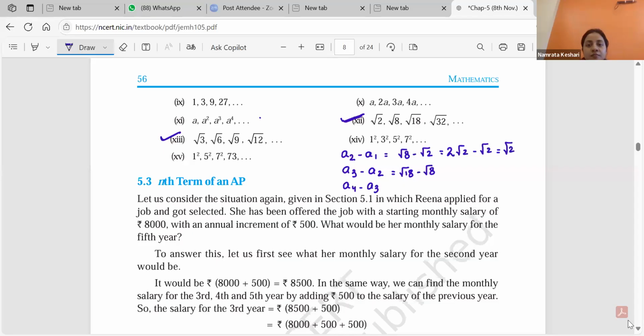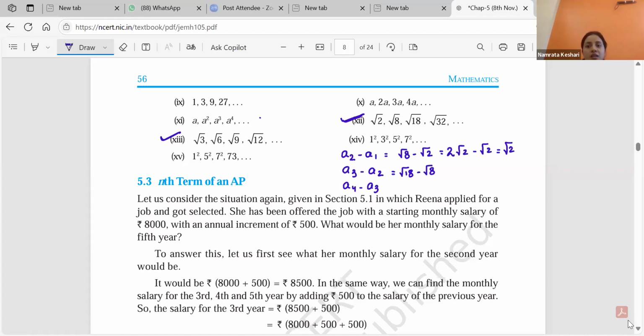Yes, ma'am. Root 18, let's do the factorization of 18 and write 2 into 3 into 3. This is not something you are hearing for the first time. You have done this in the square root chapter in class 8.